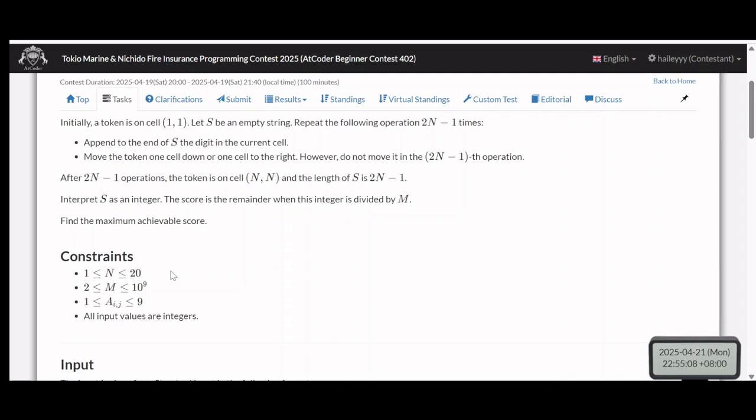And so we notice that n is 20, and this hints that the problem is likely related to bit mask.